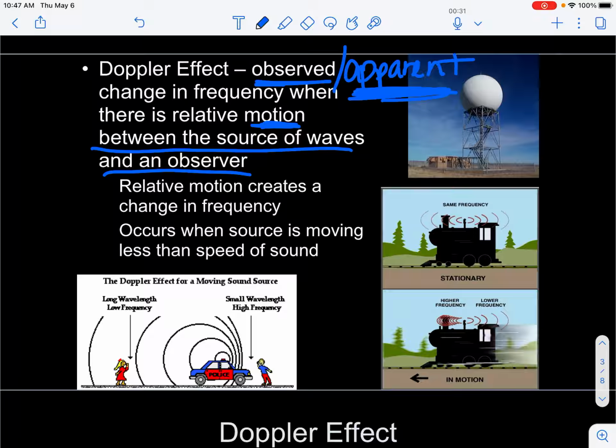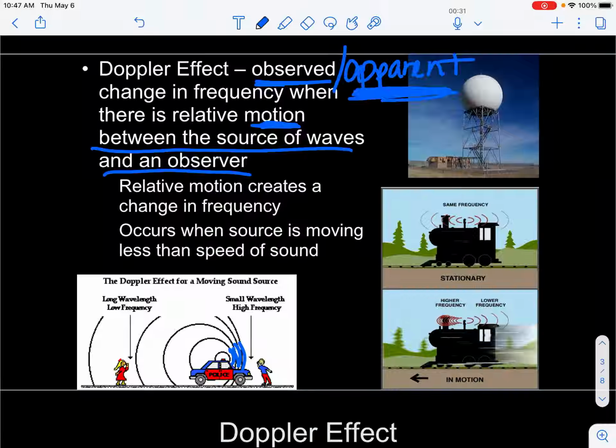So we've got a police officer down here. He's got his siren on, and he's coming towards this young man right here. So notice, as he is coming towards this person, the wavelengths are getting shorter and shorter and shorter.